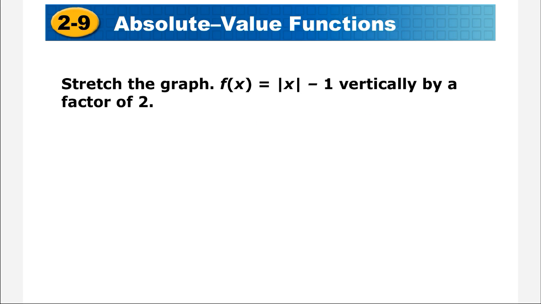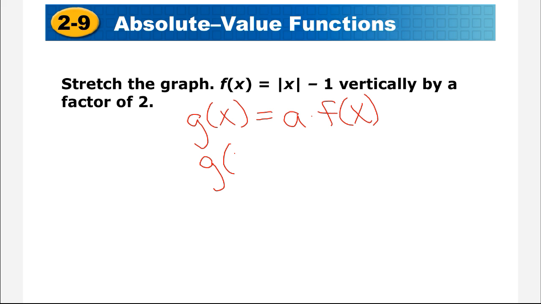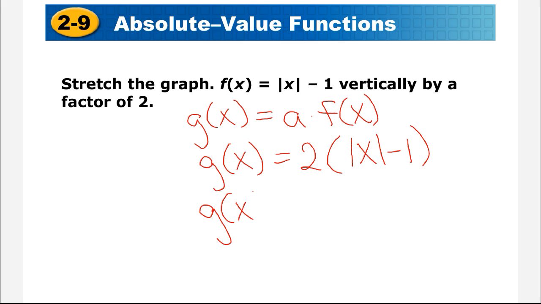Now let's stretch one, a vertical stretch. So that means that we are going to multiply the whole function, g of x equals a times f of x. We're going to multiply the whole thing times 2. So g of x equals 2 times the absolute value of x minus 1, and then distribute the 2. So g of x equals 2 times the absolute value of x minus 2.